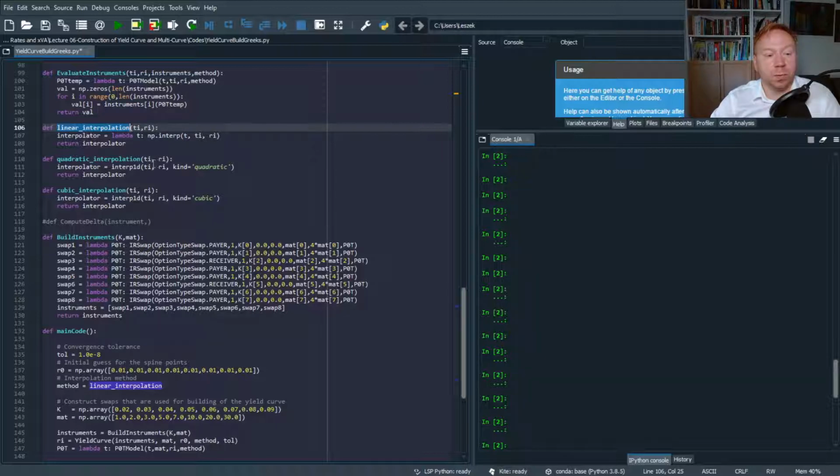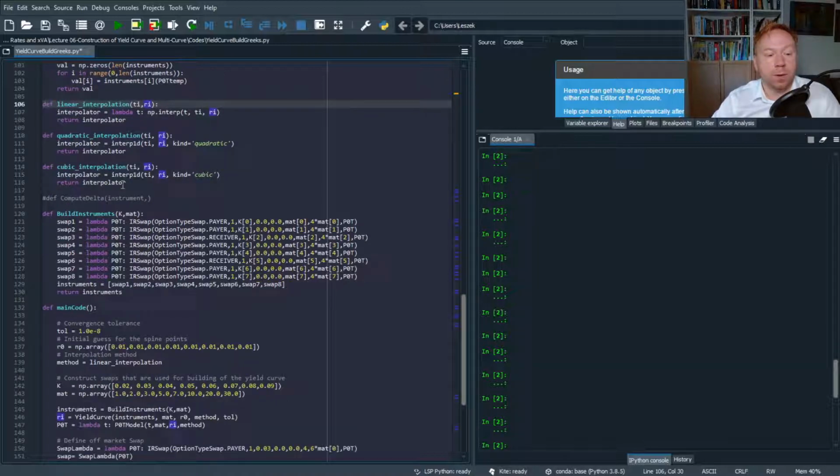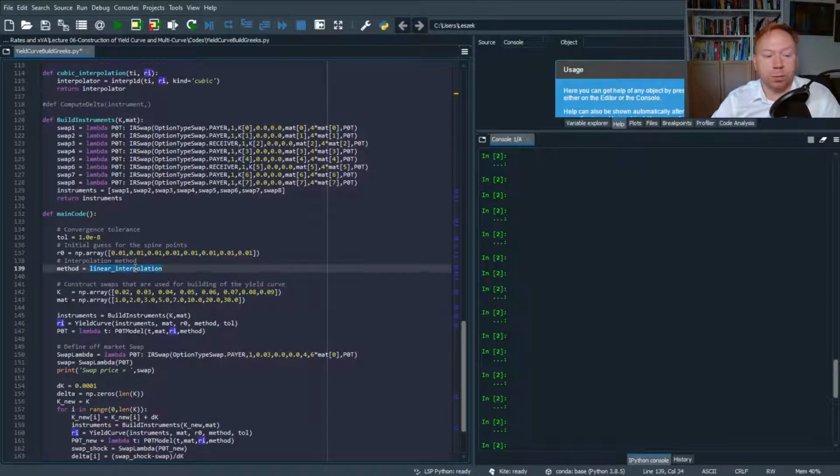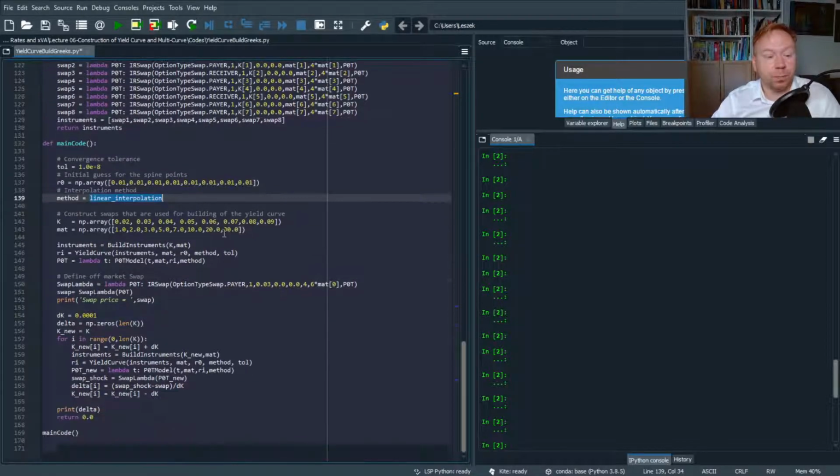The input is TI and RI, the locations and values of the spine points, and the output is the alpha expression, which will interpolate between those points using a particular choice of interpolation, whether quadratic or cubic. Those interpolation choices we can specify here as the method. By changing this part, we will observe the impact on the Greeks, on the delta.